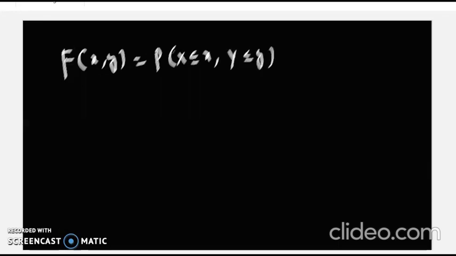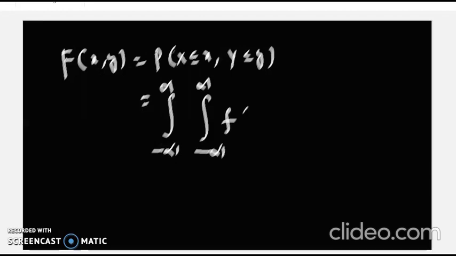And similarly, the cumulative distribution function for the continuous random variable case is P of capital X less than or equal to small x, capital Y less than or equal to small y, which is equal to, in the continuous case we use the integration symbol, integral minus infinity to x and minus infinity to y of f of t comma s with respect to t and with respect to s.